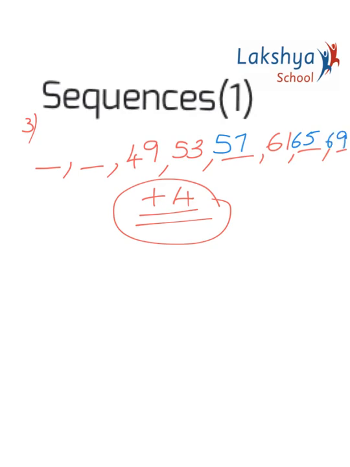Over here we need to count backward to find the previous numbers. So 49 minus 4 is 45. 45 minus 4 gives us 41. This is the way you need to complete the sequence. Do work out B and C.